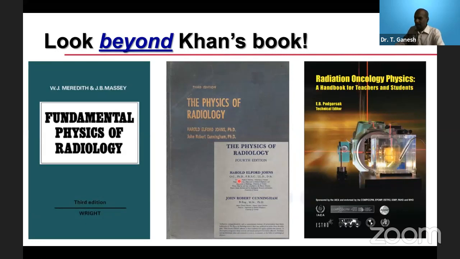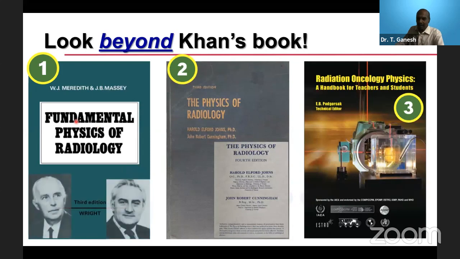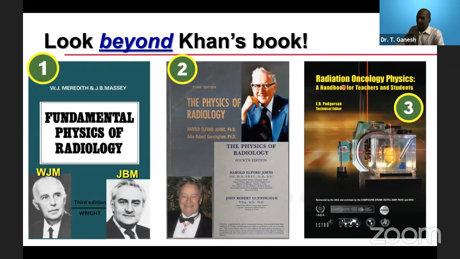You see, Khan's book is not the last book that you should refer to. You have to look beyond Khan's book. So these are some of the excellent books that you should read. This is Fundamental Physics of Radiology by Meredith and Massey. This is the Physics of Radiology by Johns and Cunningham. And this is the IAEA book from Podgorsak. So all these books can teach you a lot of important things.